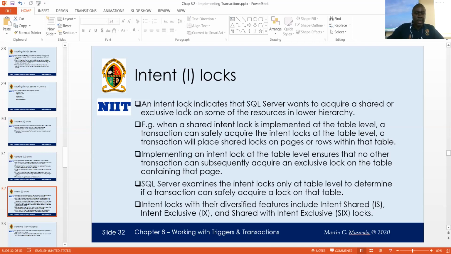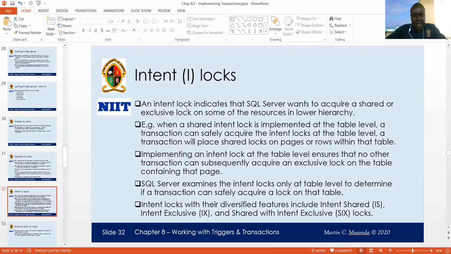So when the transaction is going to need certain resources and you have enabled intent locks, it's going to indicate to SQL Server that it will need to allow that transaction to gain access to some of the resources which are at that level or lower than the level where you're implementing. Table, if it's a table, then from the table going downwards. Okay.